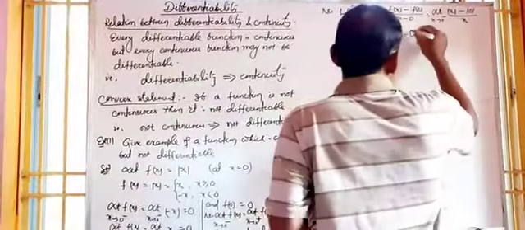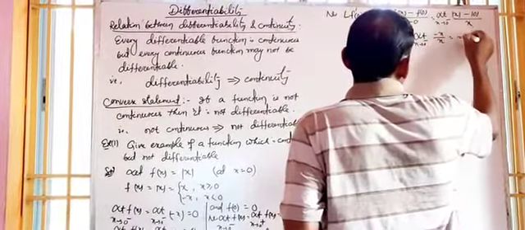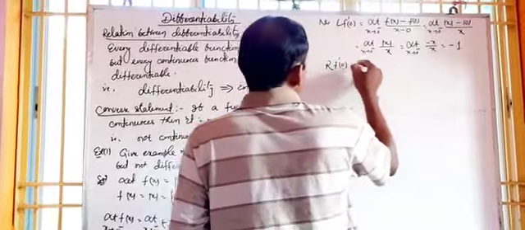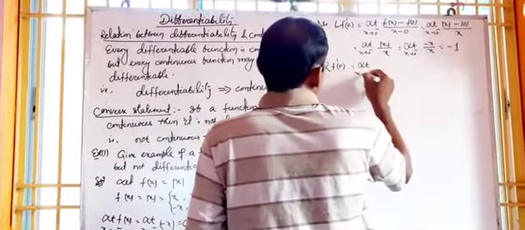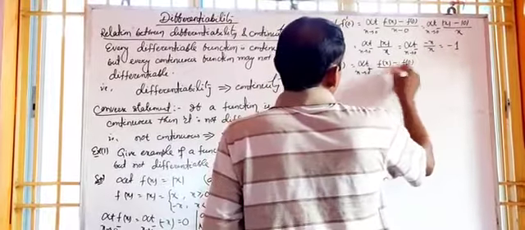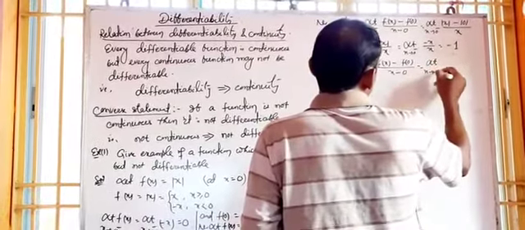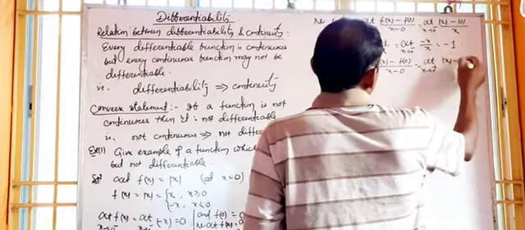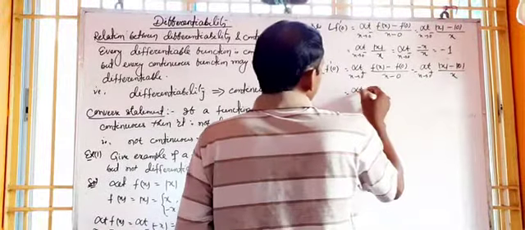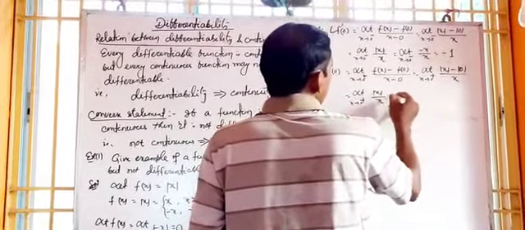So here you can write limit x tends to 0 minus of minus x by x, which is equal to minus 1. Again, right hand derivative: limit x tends to 0 plus of f of x minus f of 0 by x minus 0, that is limit x tends to 0 plus mod x by x.